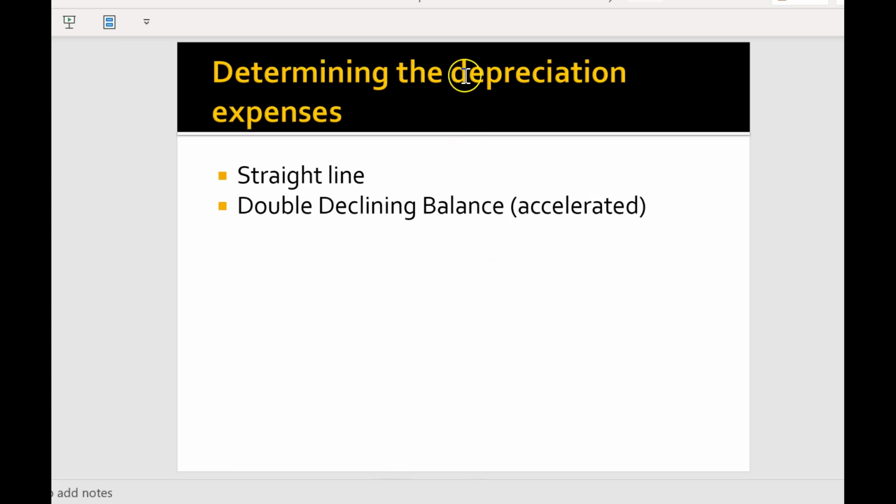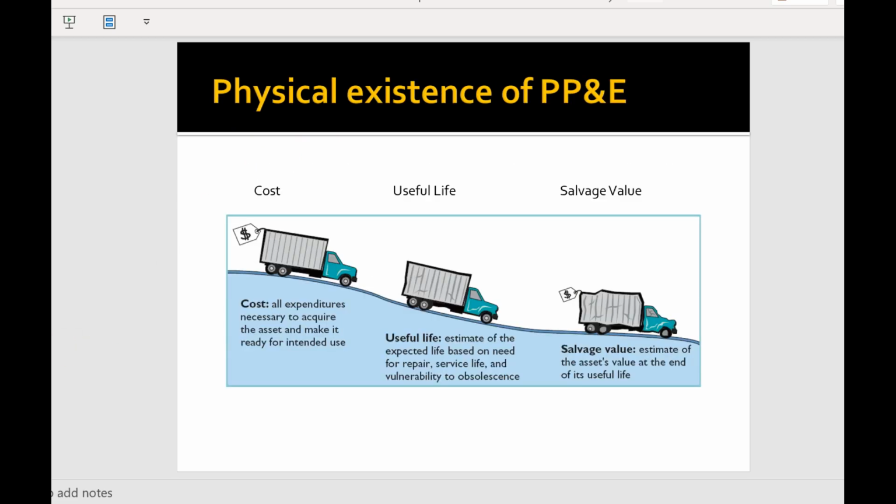We call those expenses depreciation expenses. That means we are going to recognize the depreciation, or the deteriorating in the physical existence of that asset. Remember the graph I just showed you, when you have a new truck and then the scrapyard truck, something happens in between.